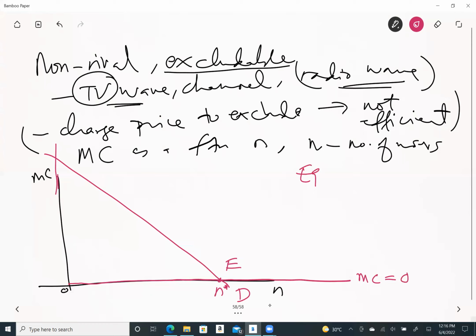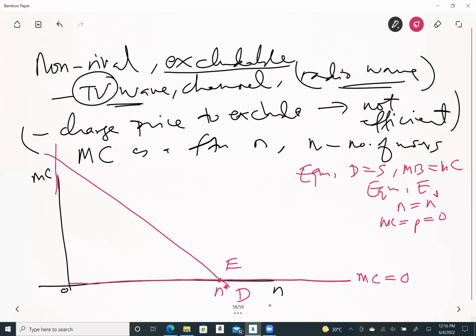Equilibrium would be where demand equals supply, or marginal benefit equals marginal cost. So we get equilibrium at E, N equal to N star. Price is 0 and MC is equal to 0. That's free.